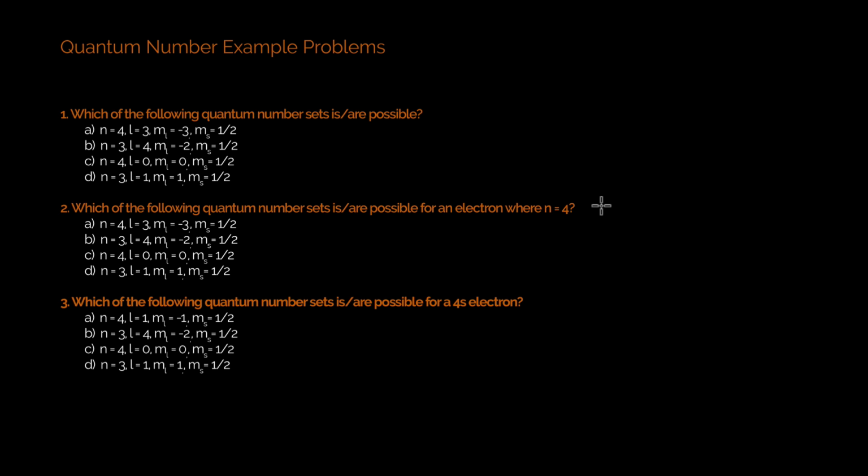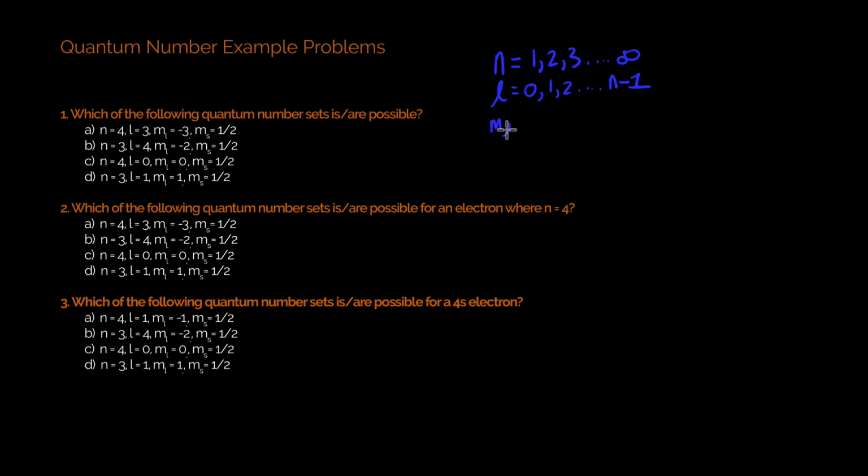In order to answer this question, we're going to start with just our rules. So our rules are that n can be any positive integer: 1, 2, 3, all the way to infinity. L is going to be restricted by the value of n. So L can be 0, 1, 2, but its maximum value is going to be n minus 1.